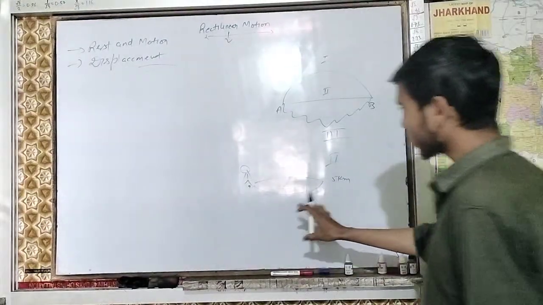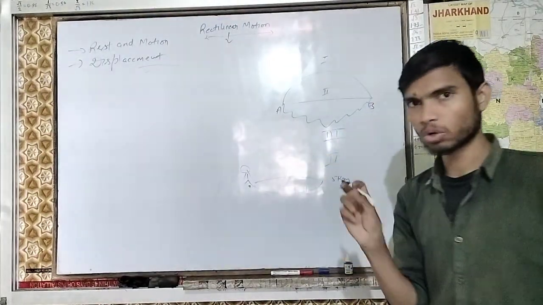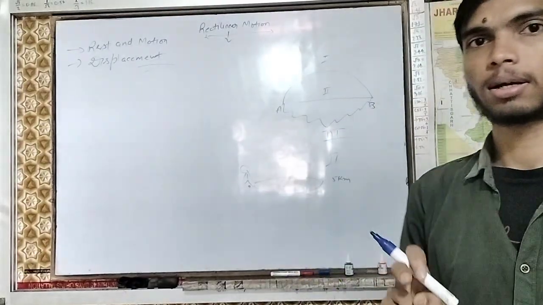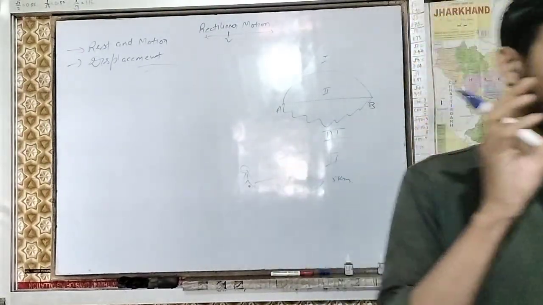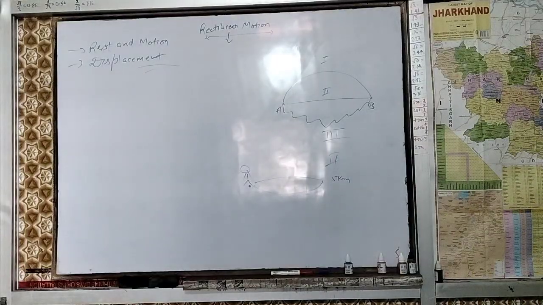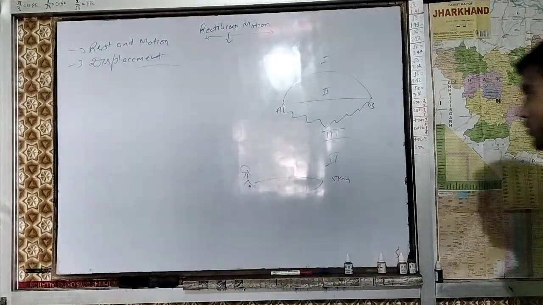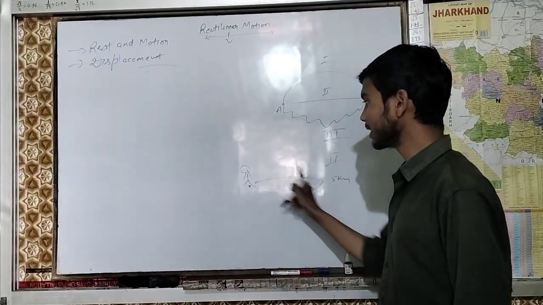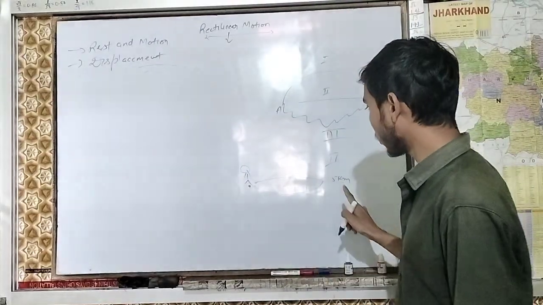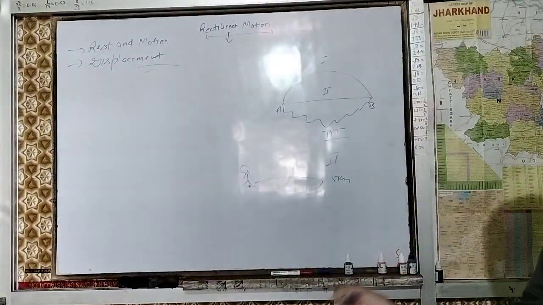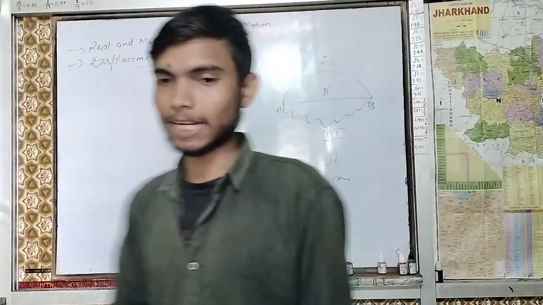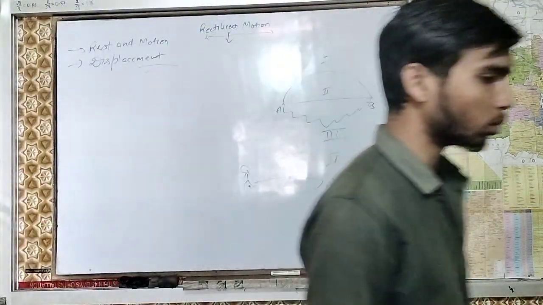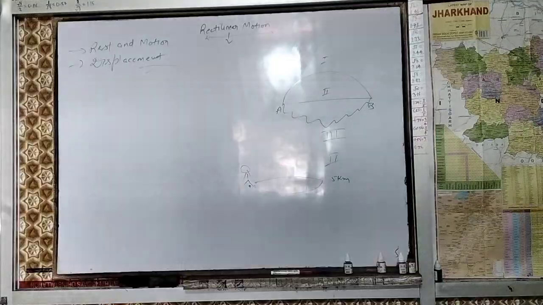So now you can see, where is your straight path? In this example, are you getting a straight line? The answer is no. This is not straight, it's closed. So whenever you are observing a closed curve, circle, or curved line, it means displacement is going to be zero.